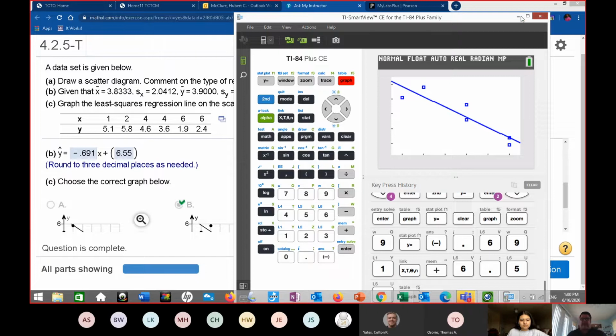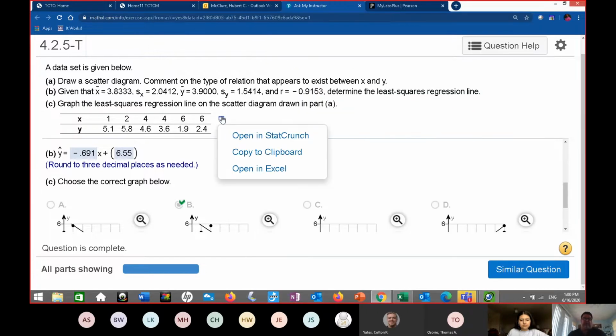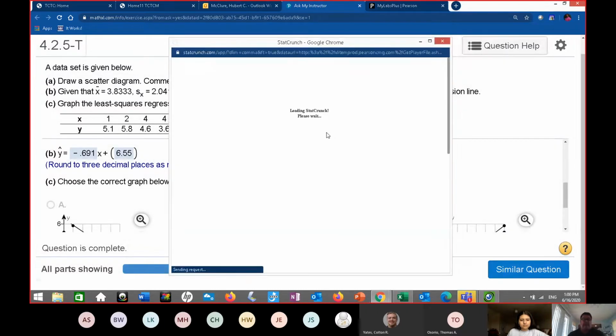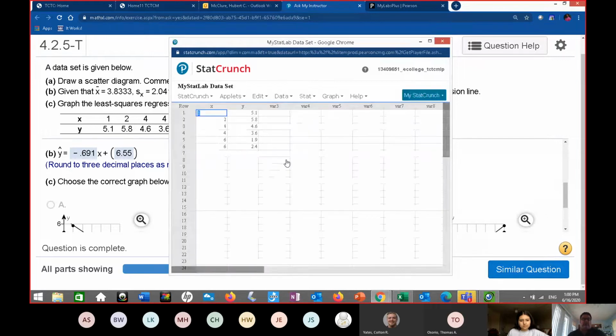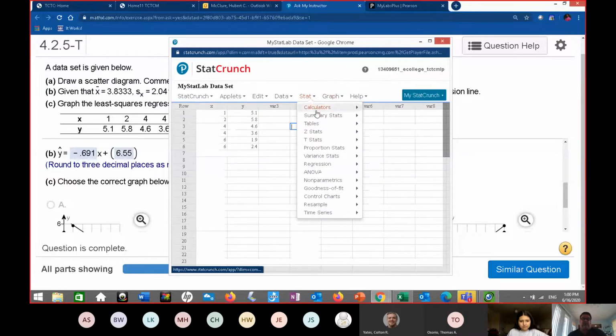Well, heck, might as well go ahead and just do the other one. What is it? StatCrunch. If it'll work. Do StatCrunch, and it'll already put the numbers in there. Hit Stat, go to Summary Statistics, or go to Regression, Simple Linear.